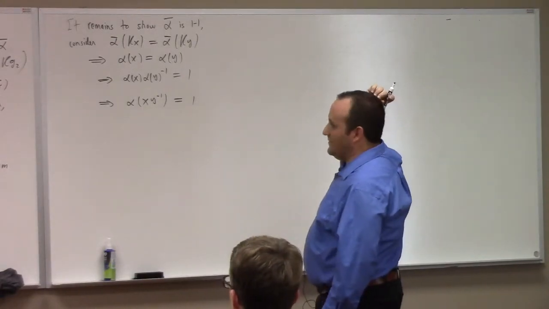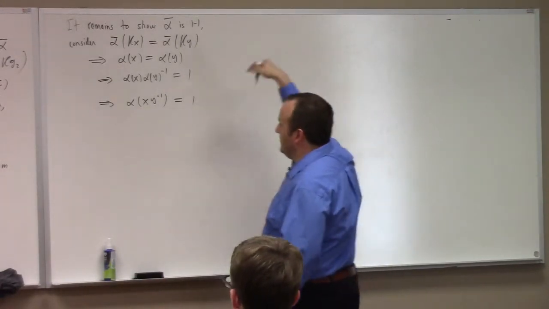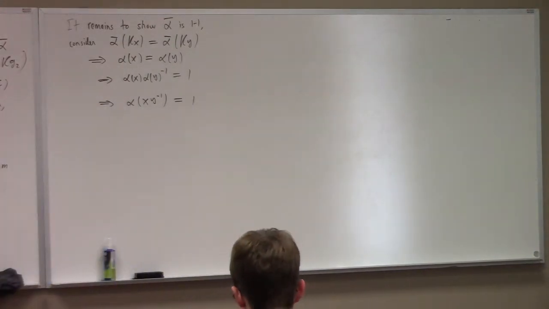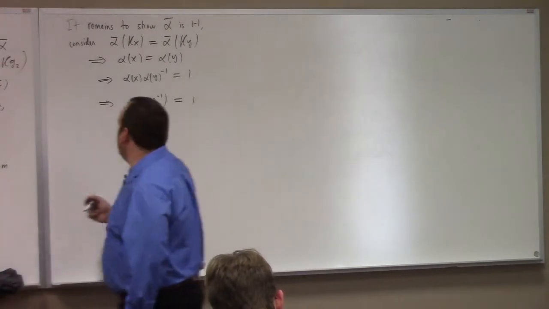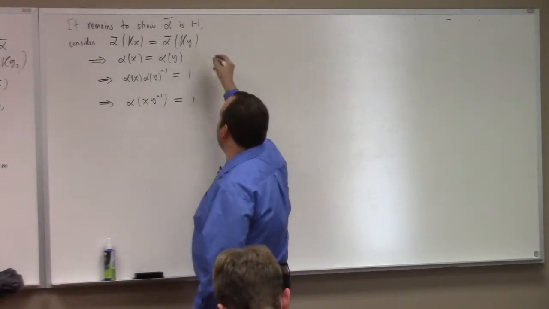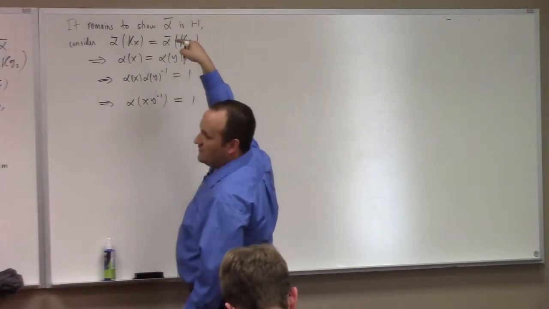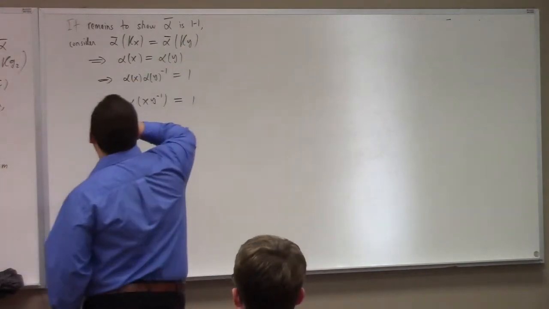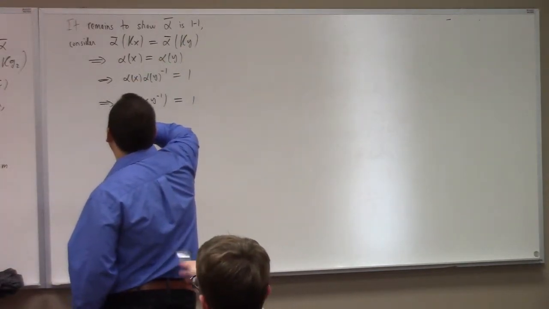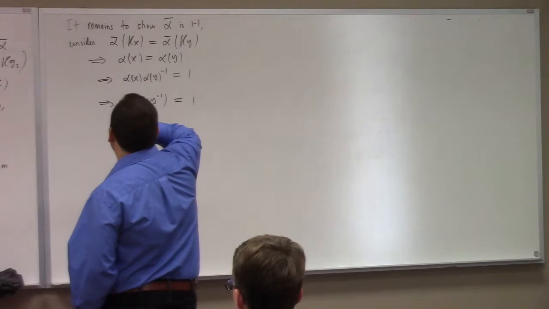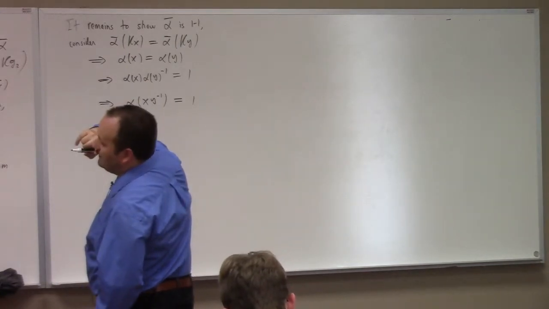Yeah, I'm sorry. I'm reinventing the wheel again here. As you notice, I'm starting to trace back through these steps, right? No accident there. So Sam is right. I should be lazier. Alpha of x equals alpha of y, and then you get kx equals ky.